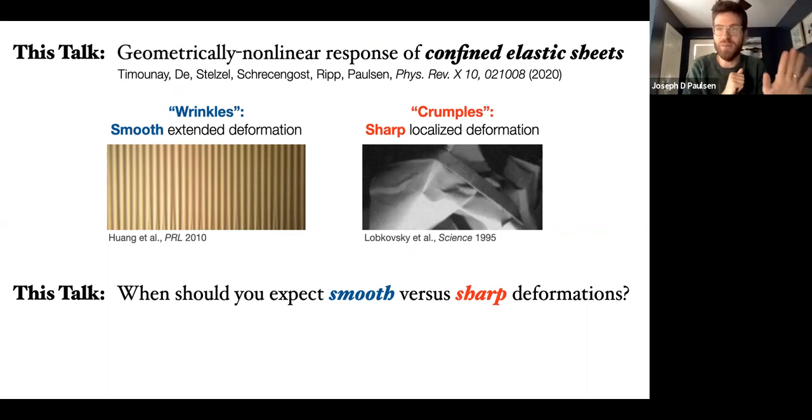We've talked a little bit about wrinkles, and those are smooth extended deformations. And we've talked a little bit about stress focusing, and those are sharper deformations. And the question is, when should you get one or the other? That is, when do I expect a smooth solution to some confinement, and when do I expect a sharp solution to some confinement?